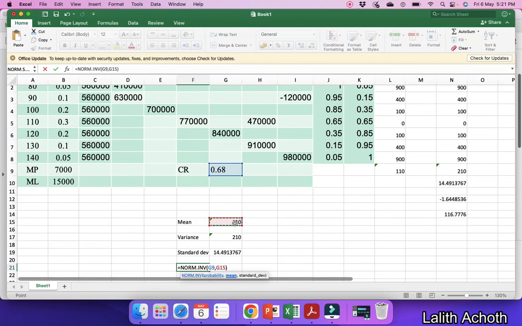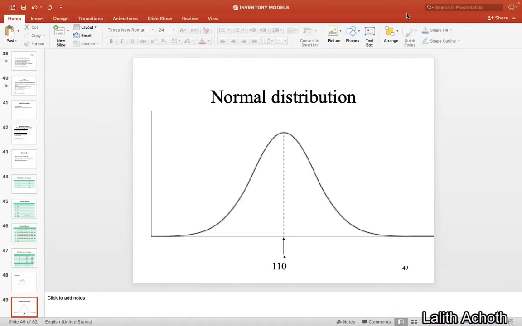And then it's also asking me what is the standard deviation, which is the square root of the variance, and this will give me the Q star, which is 116.77, or 117. 117 becomes the economic order quantity.